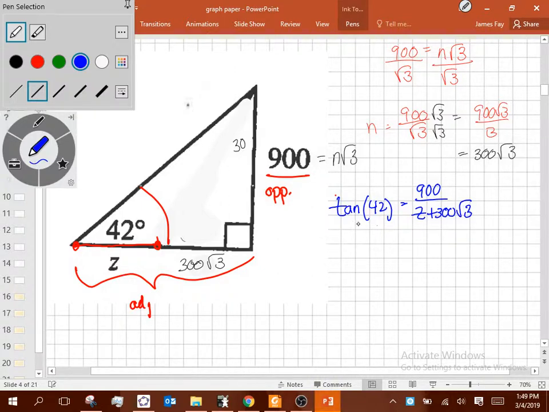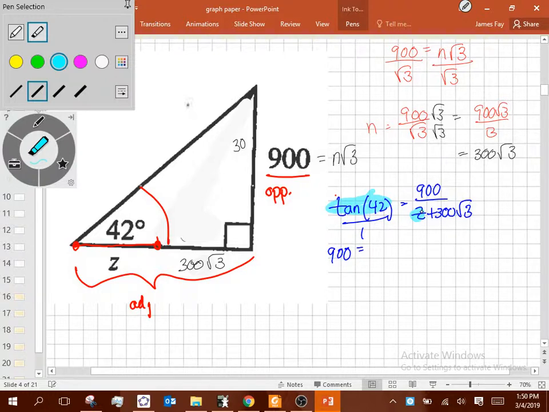Now it's an understanding of our algebra. Okay? If I cross multiply, what's 1 times 900? 900. Okay? Now, when we cross multiply our extremes, that number right there is just a number. It's like 0.9004. Okay? Times Z would be 0.9004Z, right?